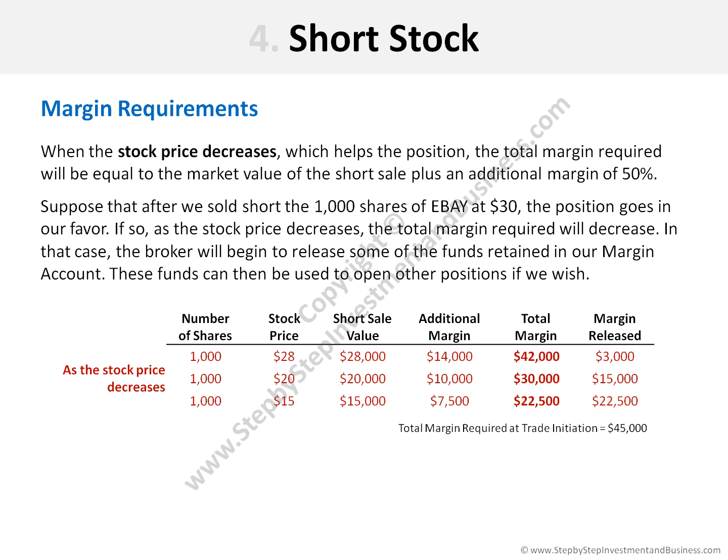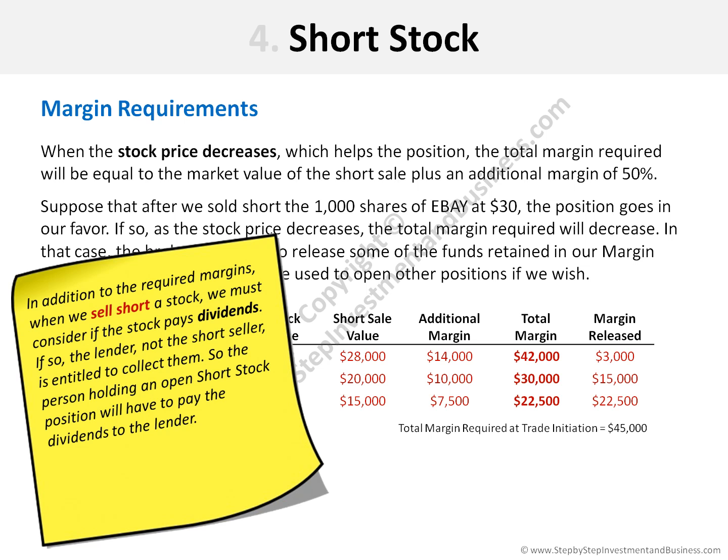And finally, if the stock price falls to $15, at that time, the value of the short sale will be $15,000, and the additional margin will be the 50% of that value, that is, $7,500. Therefore, the total margin will be $22,500. As the total margin required at trade initiation had been $45,000, in this case, the funds released will be $22,500.